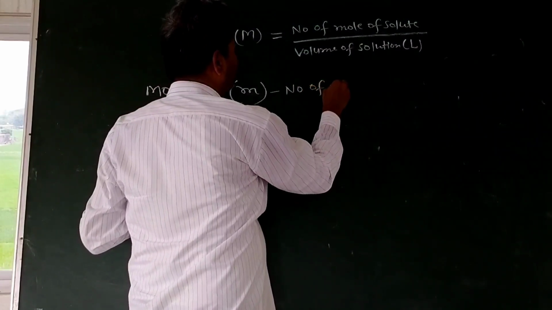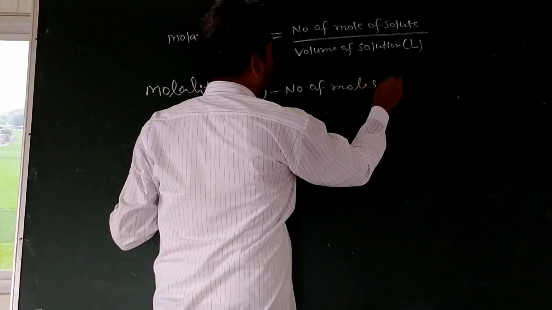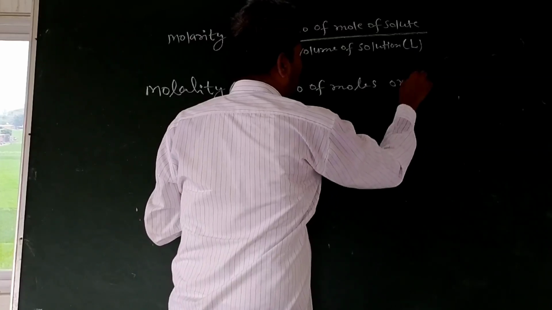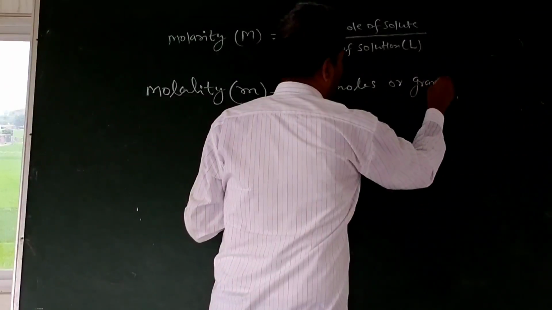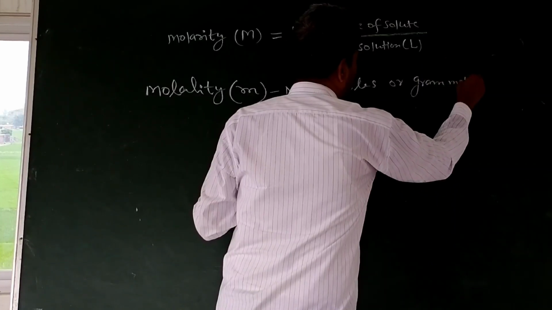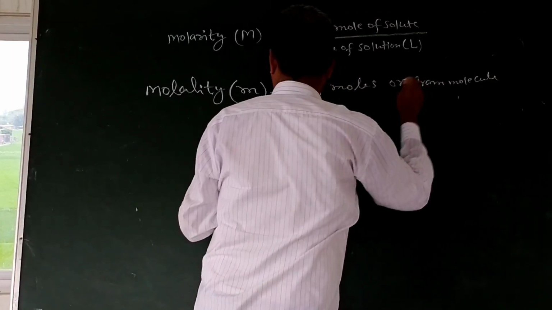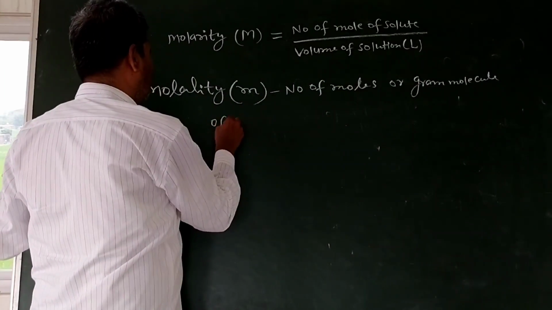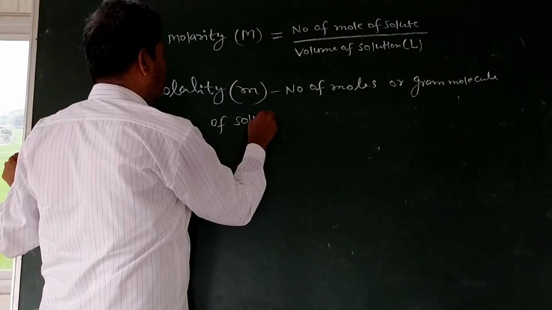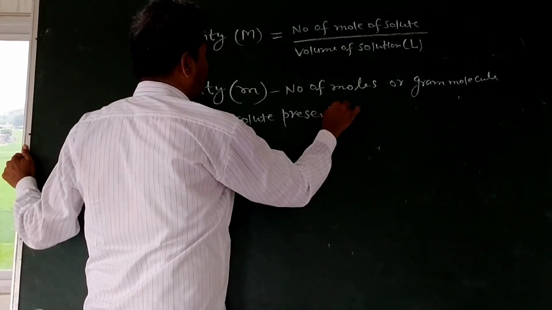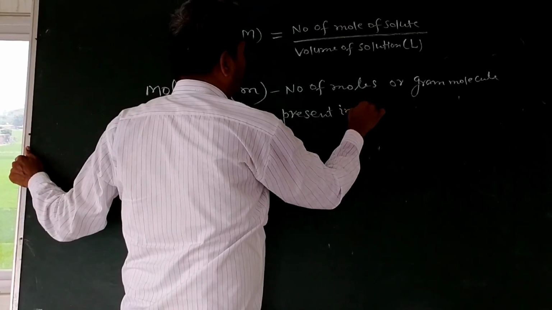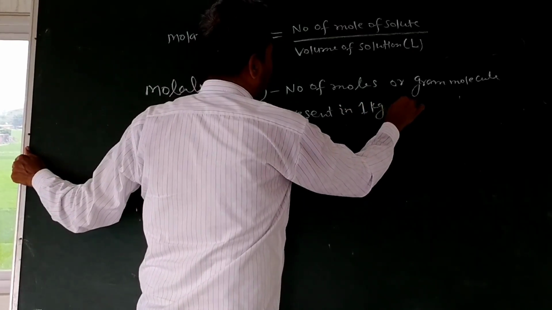Number of moles, or mole is also known as gram molecule, of solute present in 1 kg solvent.